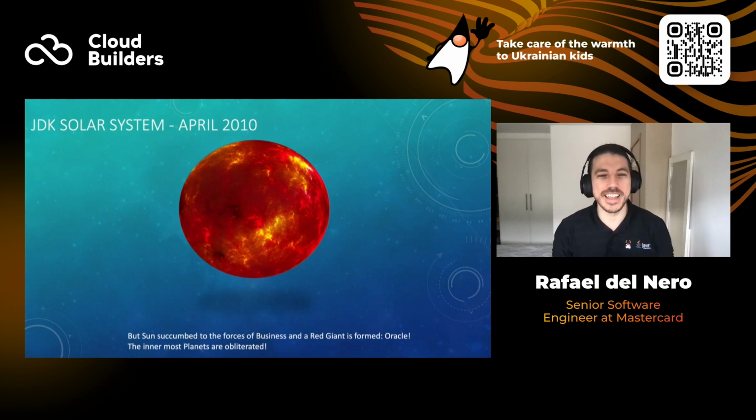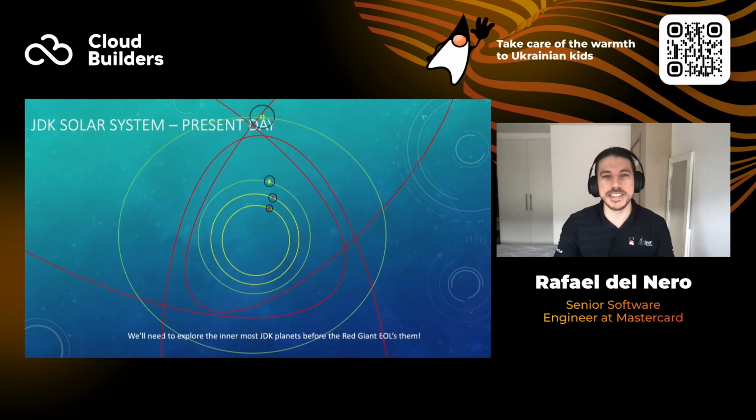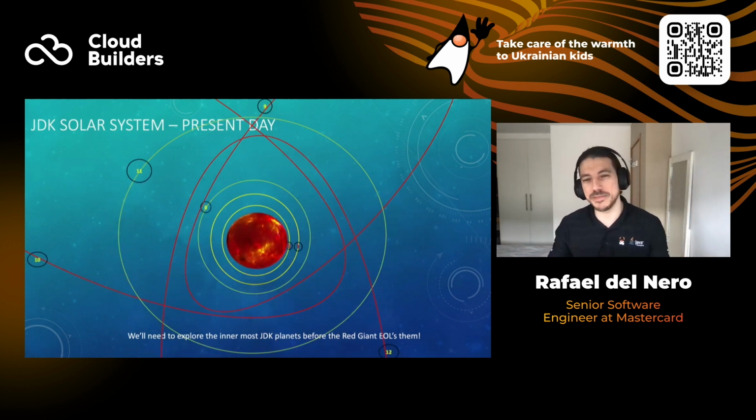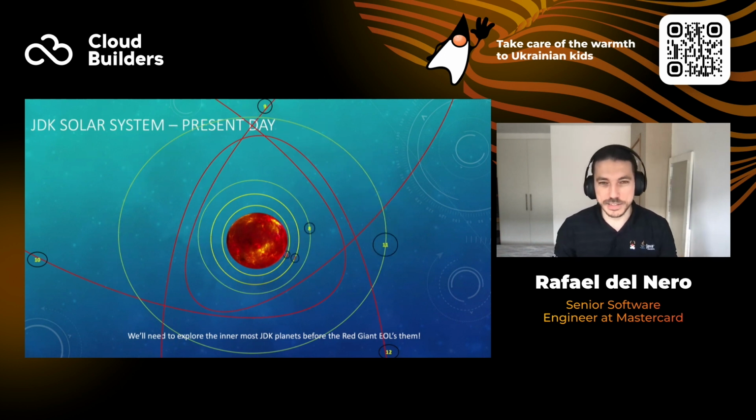Oracle. Basically, those planets were obliterated, and now our mission here is to explore the planets from each JDK version so that we can save all the planets and Java itself.